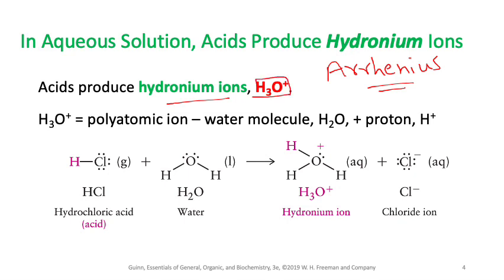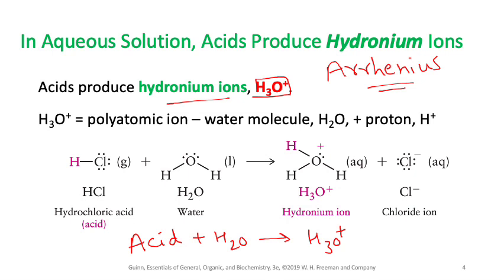So if you dissolve that acid in water, you will always get a hydronium ion. Or you can say those chemicals or compounds that can give out a proton, we call that an acid too.